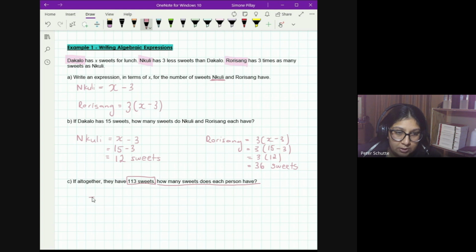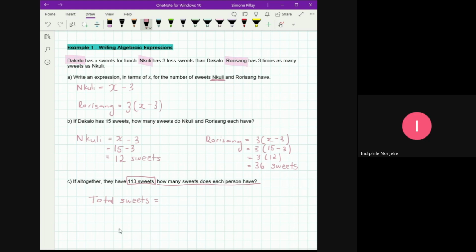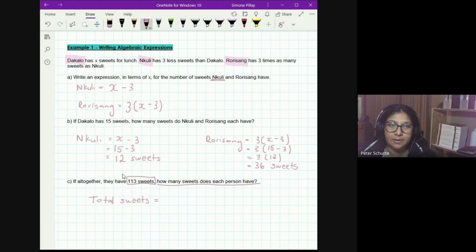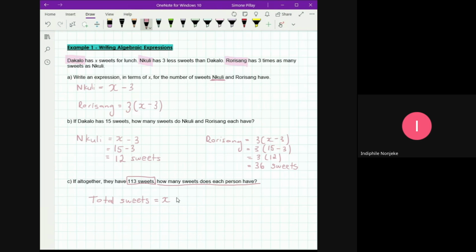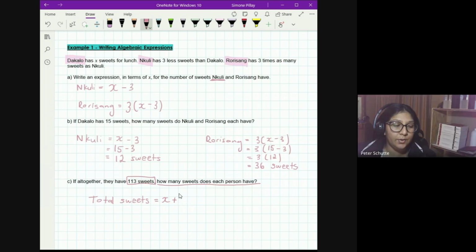So let me give you a hint over here. Can I create an expression for the total sweets between the three friends? What would that expression be? No. So remember, 113 is how many sweets they have all together.